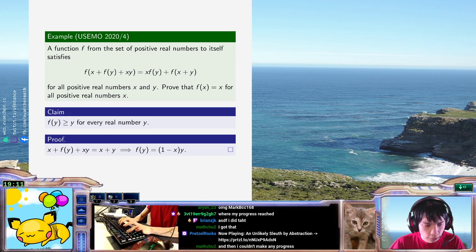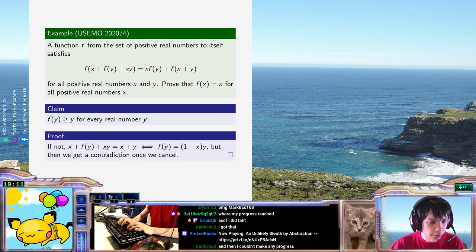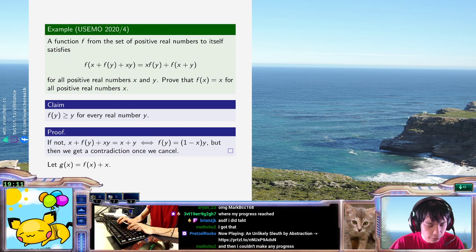Okay, if not... Cool. So yeah, f(y) is at least y. Now we're going to let f equal g plus x, where g takes on non-negative real values.